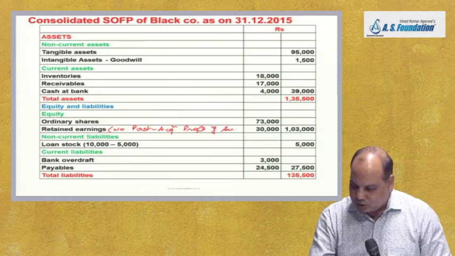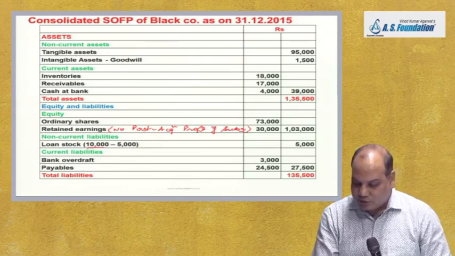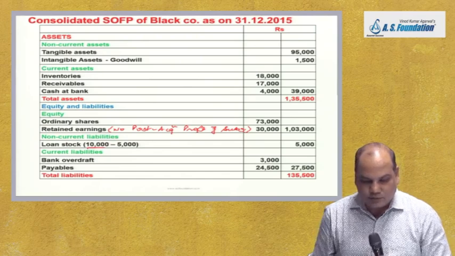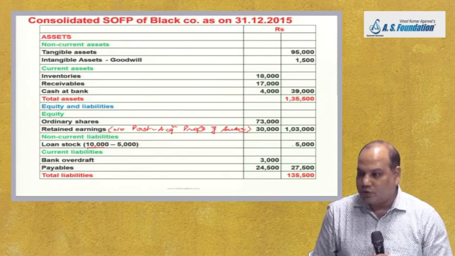Then write down non-current liability. Under that, loan stock will have adjustment. 10,000 minus intercompany receivable and payable cancelled 5,000. Therefore, 5,000 in the outer column. Current liabilities.